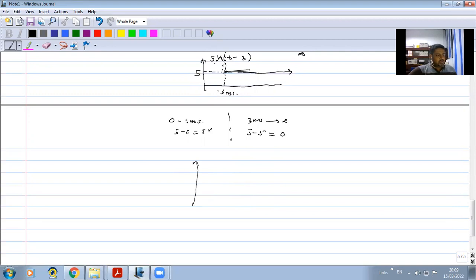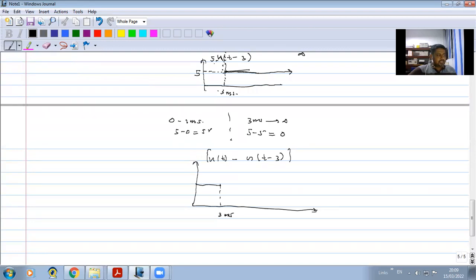So if you subtract u(t-3) from u(t), that is u(t) minus u(t-3), you will get only this part up to 3 milliseconds. So this is 1 basically.